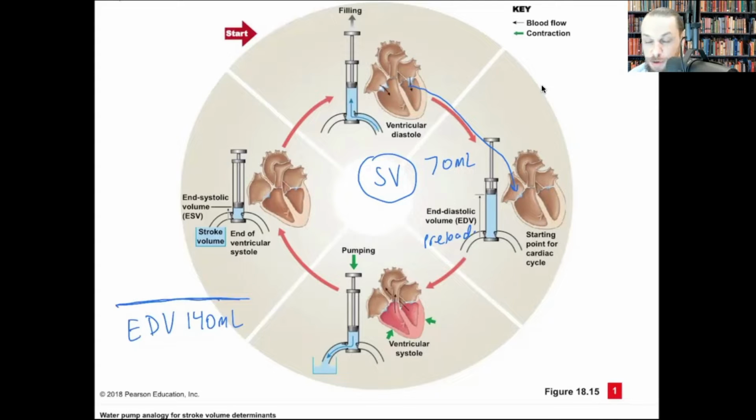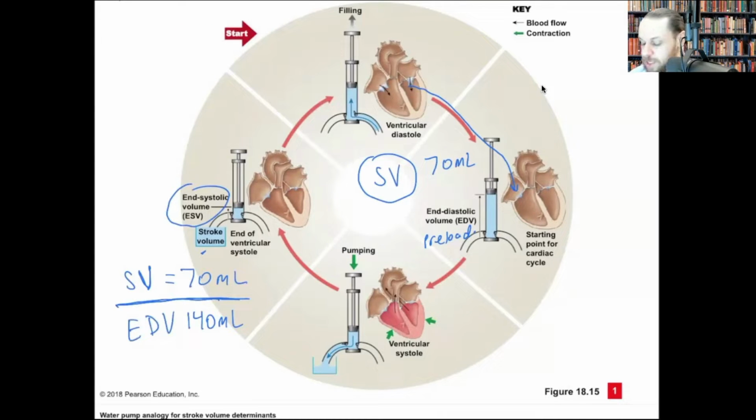Now, the stroke volume that you're going to get is about 70 ml, we said. When the ventricles contract and expel the stroke volume, the remainder in the ventricles is the end systolic volume. That's how much blood will remain in your ventricles. They don't fully empty.